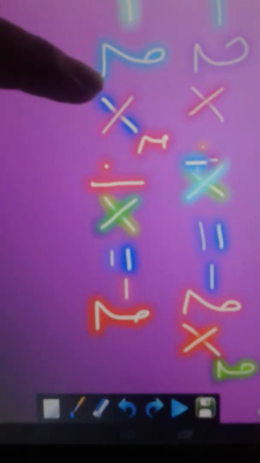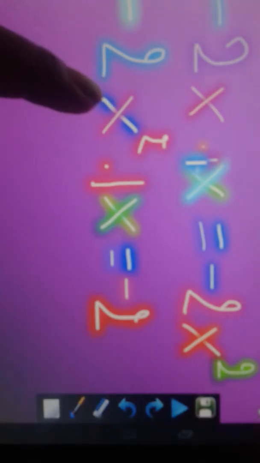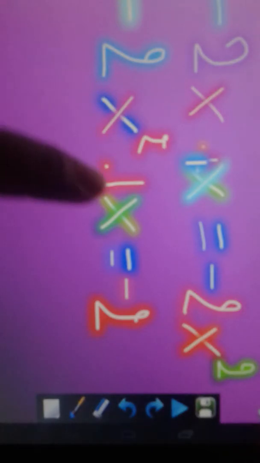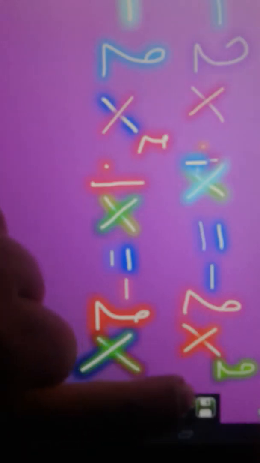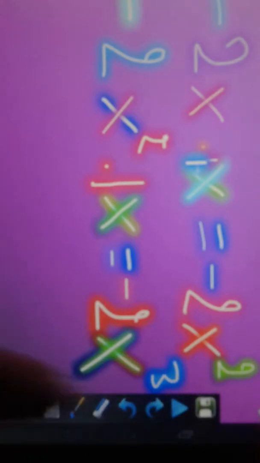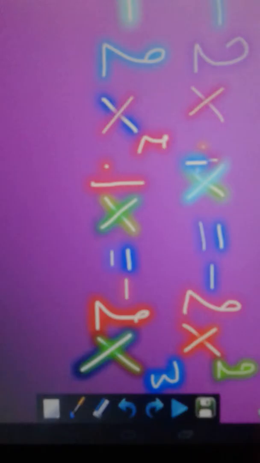And now literals, in this case the literal x squared by the literal x, and we have x cubed, or x raised to the third power.